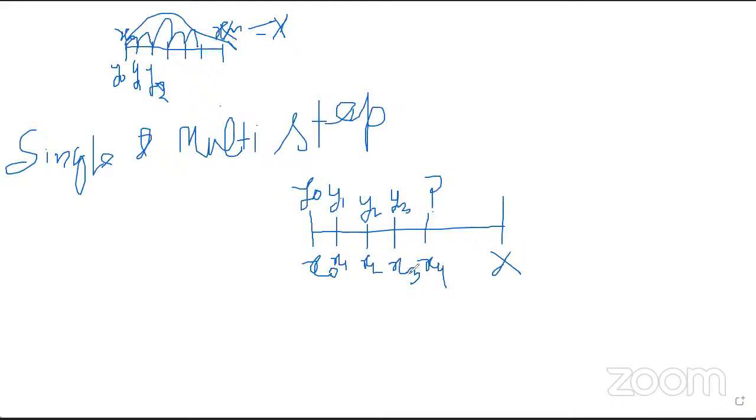I know the value at X3, we know the value at X2, we know the value at X1. When I am predicting the value at X1, I have only one value, Y0. But when I'm predicting the value at X2, now we have Y0, Y1. Now, when I'm predicting the value at X3, then I have Y0, Y1, Y2. Am I right?